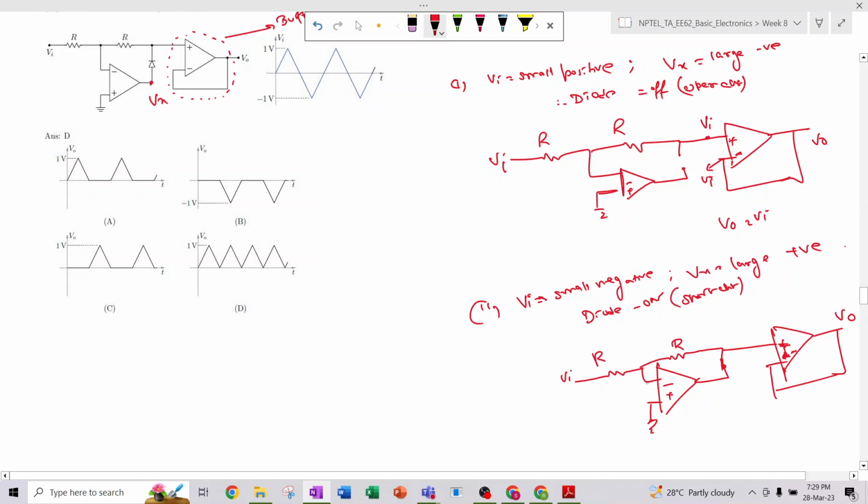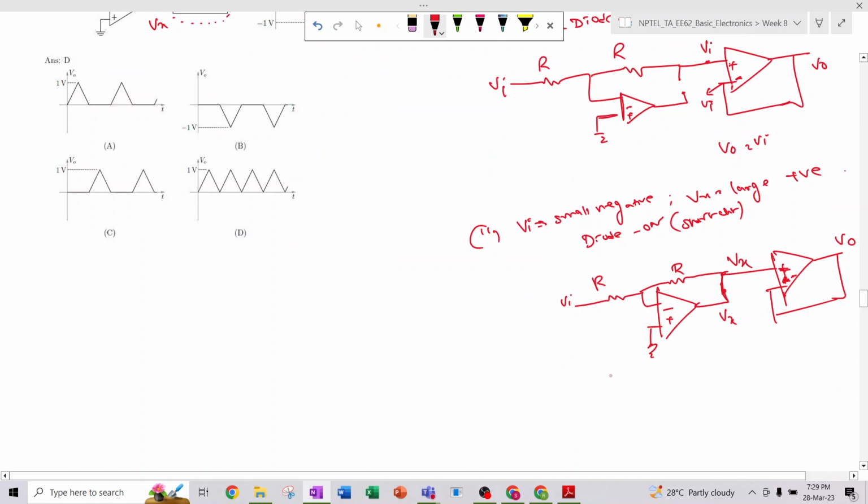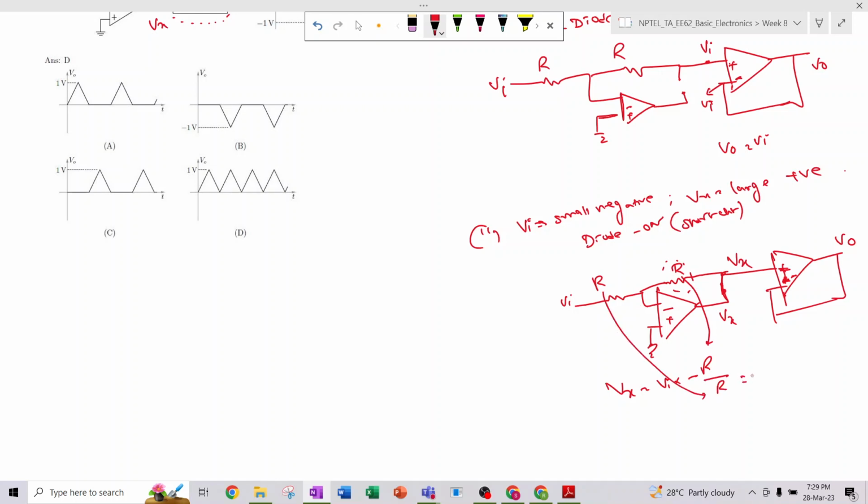So now what is happening? Here we can see that it is an inverting op amp. So Vx, whatever the voltage over here, Vx is equal to Vi into minus R divided by R. R cancels out, so Vx is equal to minus Vi.